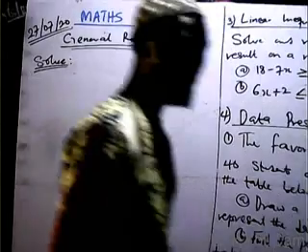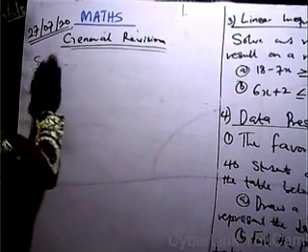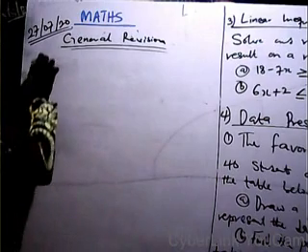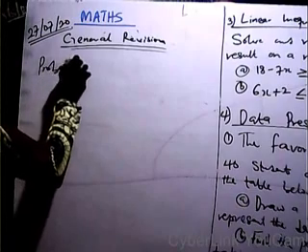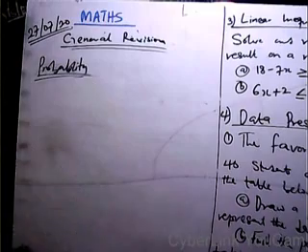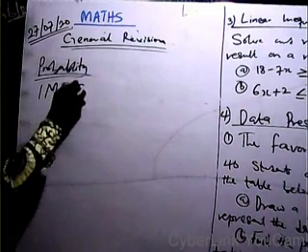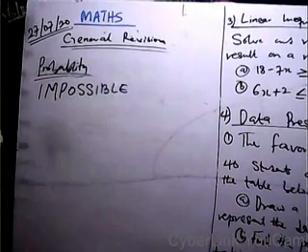Let's go to probability now. I want to choose impossible. Let me choose number 1. Probability of getting what? The word impossible.